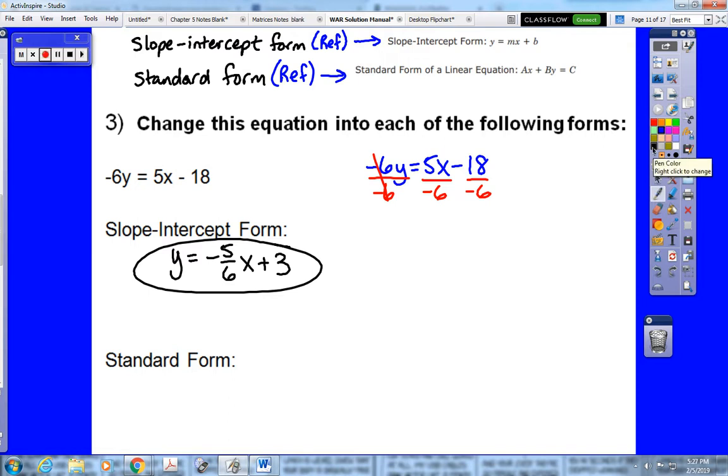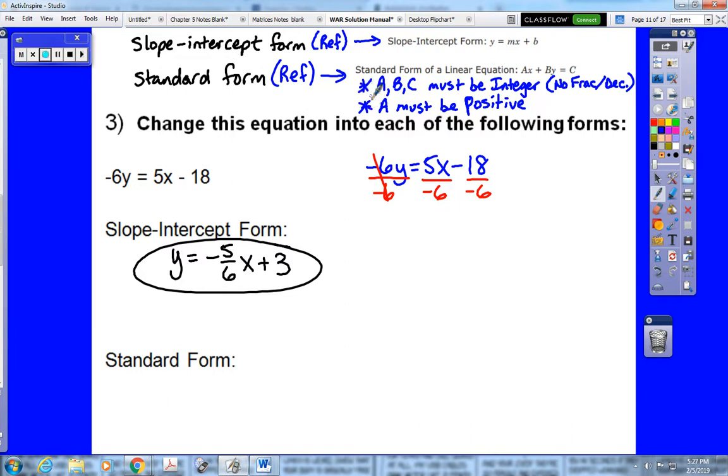The reason they're capital letters is a, b, and c must be integers. In other words, they can't be fractions or decimals. And a must be positive. That's 2 of the 3 rules. The third rule is you can't have any common factors between all 3. So if they were all divisible by 2, you would have to divide them all by 2.